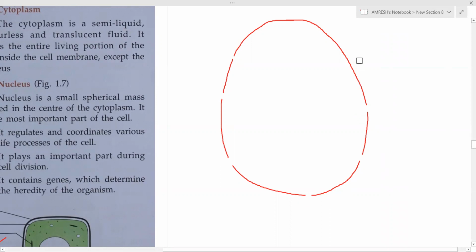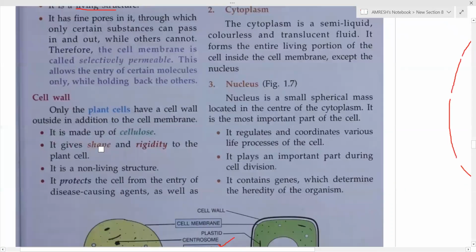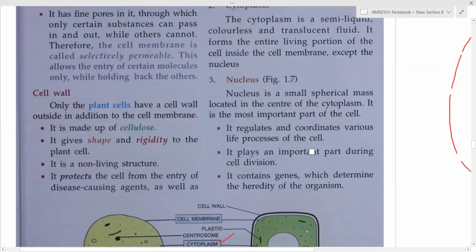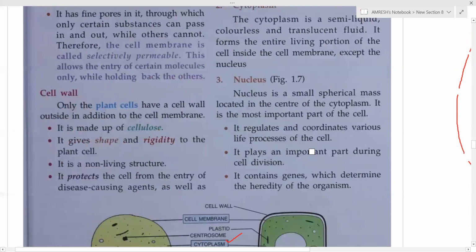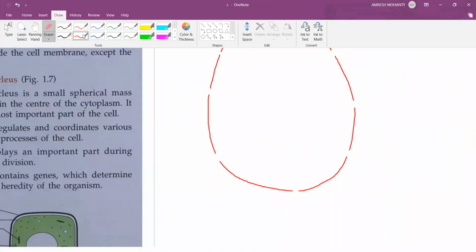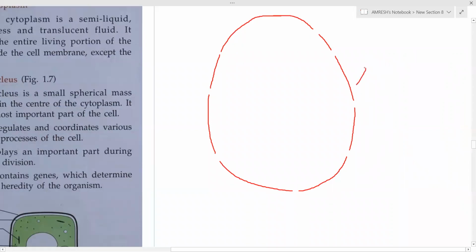Why fine pores? So that it will be easy for particles or substances to come inside the cell and go outside the cell. So it has fine pores and the membrane is selectively permeable. The word is selectively permeable.